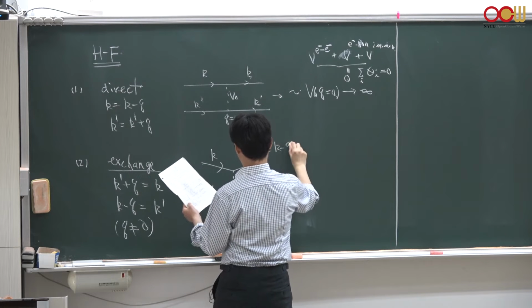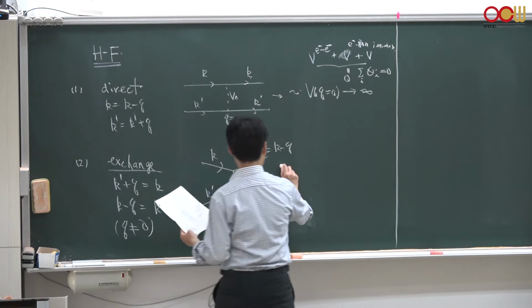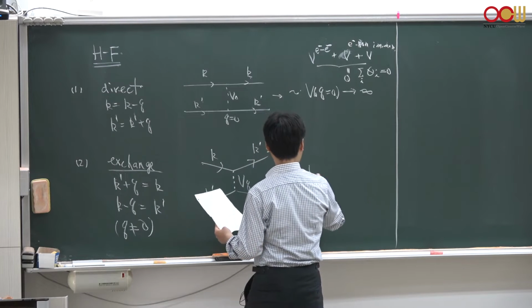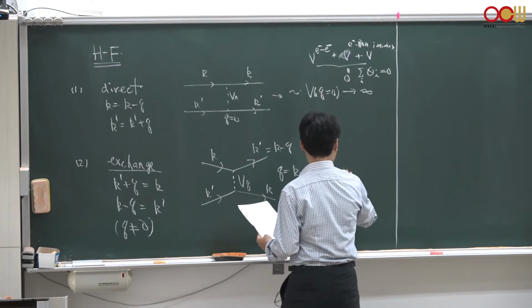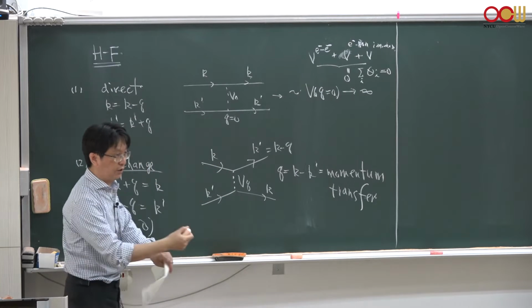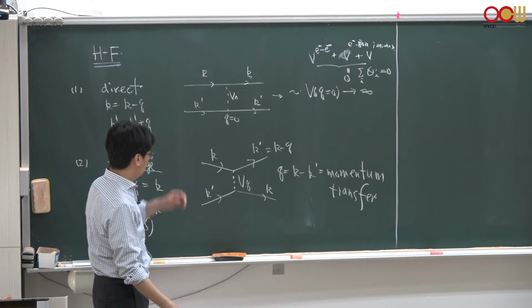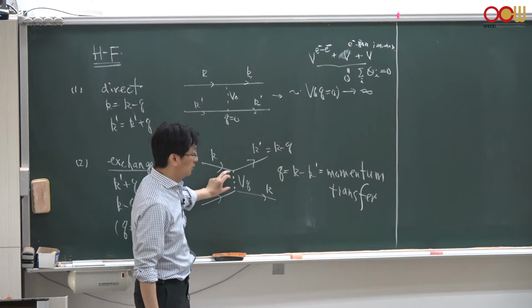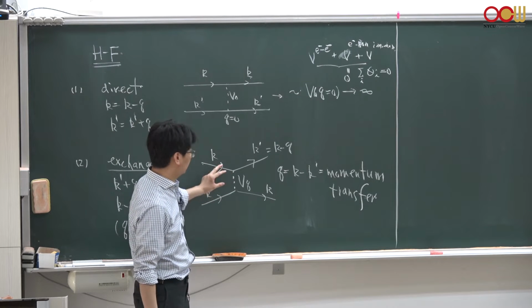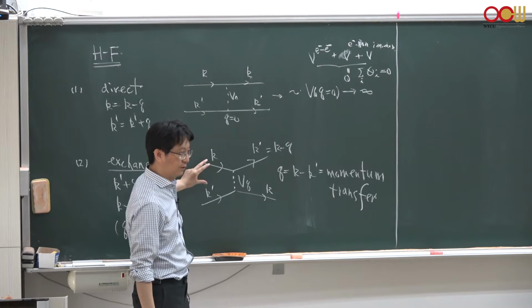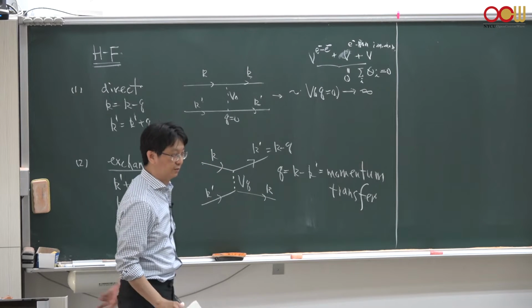K minus Q, or Q is actually K minus K prime. It's called momentum transfer. So these two electrons exchange their momentum, and there's a momentum transfer between these two electrons, so that their initial momentums get switched over.